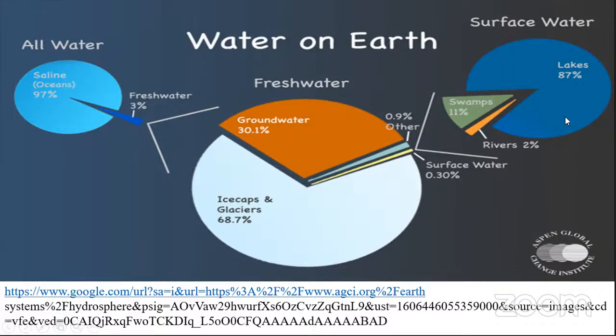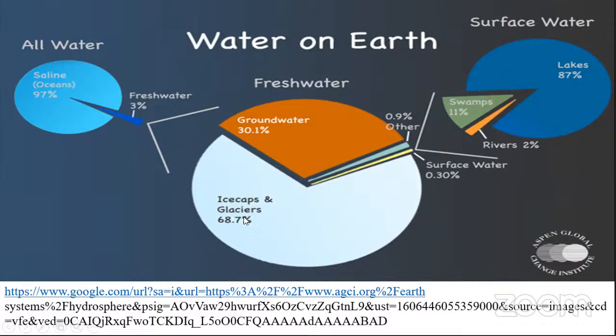In lakes, we can see 87 percent, the majority. In swamps, 11 percent. In rivers, 2 percent. Surface water is around 0.3 percent. So overall, students, most of the fresh water comes from lakes. The second share goes to ice caps, which have 68 percent, but we can't use this; it is very difficult to use.